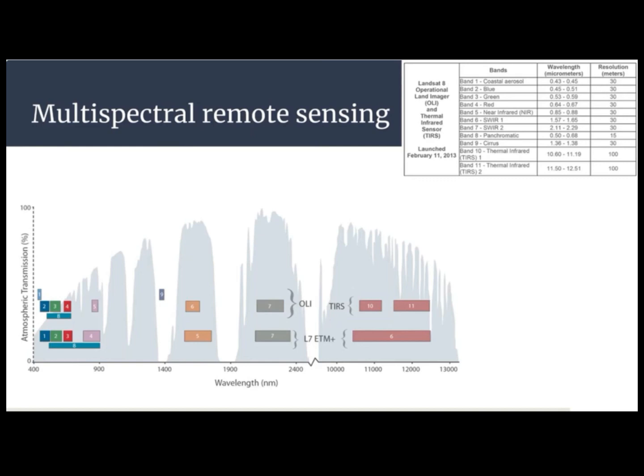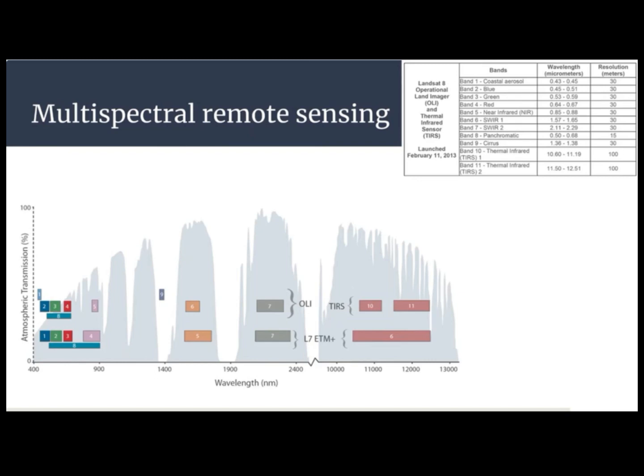It's those longer wave infrared wavelengths that are actually heat or thermal energy. But this is a little bit outside the scope of this lecture, so we're not going to get too into thermal energy. We're going to focus more on the visible part of the spectrum and the near infrared, because these are more important in classifying things we actually see and want to learn more about on Earth's surface.